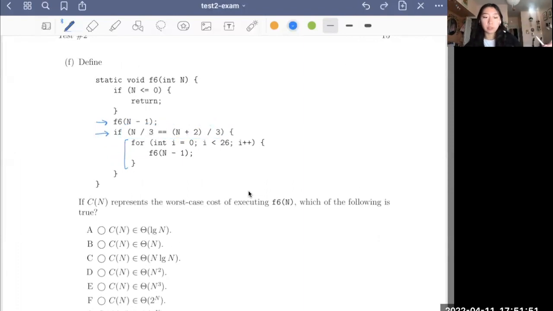So when specifically would this happen? Well, if n is divisible by 3. Let's take an example. Let's say n is 9. 9 divided by 3 is 3 with the remainder 0. But n plus 2, 11 divided by 3, is also 3 with the remainder of 2.